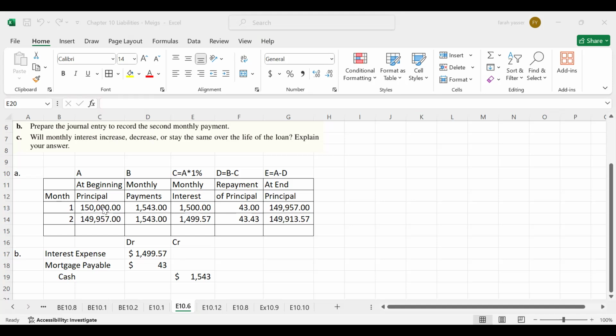So the unpaid amount of the principal is decreasing month by month, and that's why interest expense is also decreasing month by month. So this is the answer to requirement C. That's it from this lecture. Take care, class.